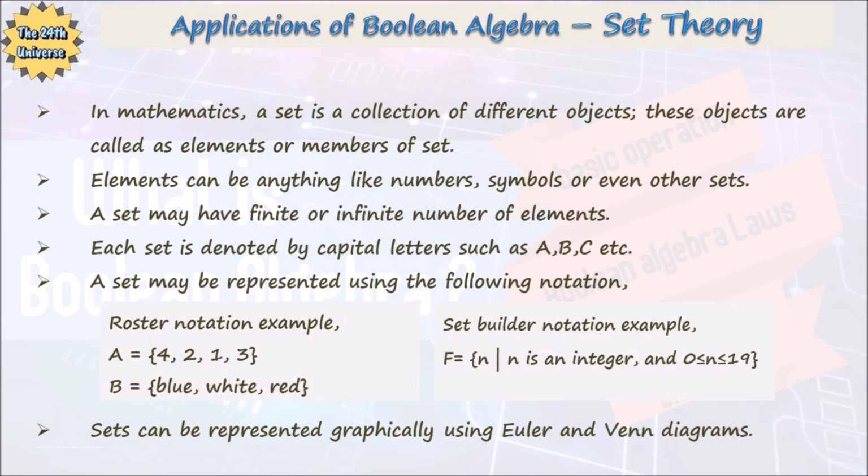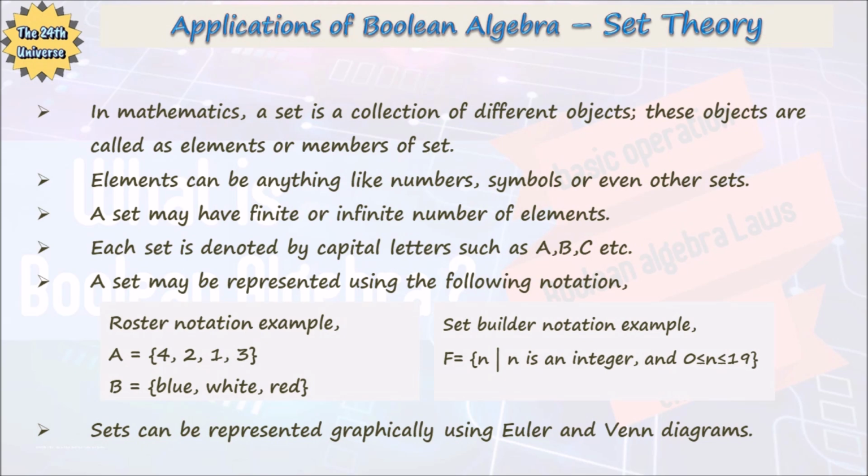A set may be represented using the roster notation or the set builder notation. Roster or enumeration notation defines a set by listing its elements between curly brackets separated by commas, like this. Example, A is equal to {4, 2, 1, 3}, B is equal to {blue, white, red}.